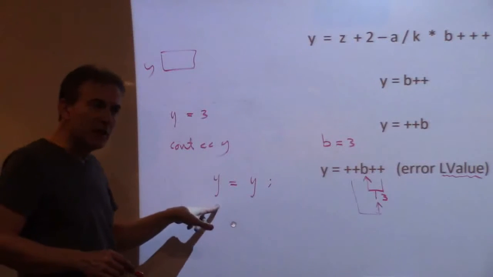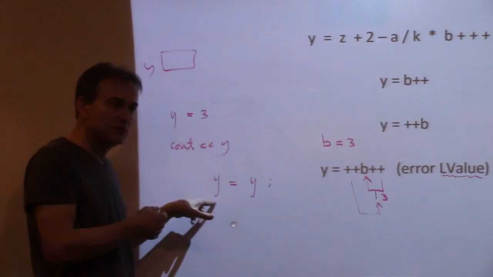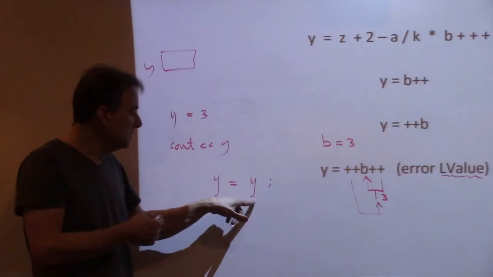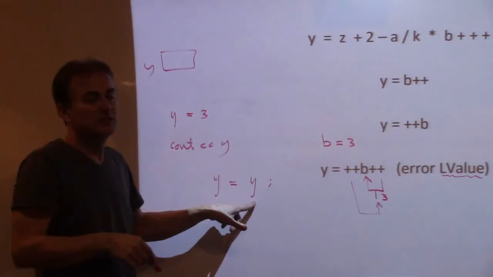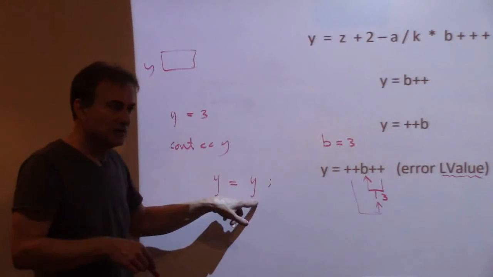So the meaning of the y on the left side is the address of storage of this variable, a target, and the meaning here is the value of the contents of that address. Address, contents of the address.